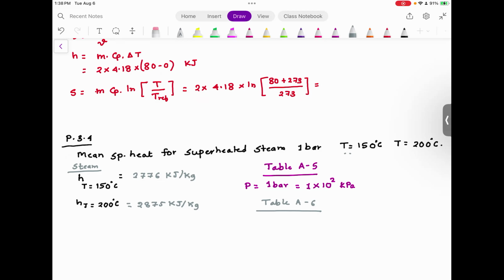Now here you see the pressure lines: 8, 6, 4, 3, 2, 1. And then once you intersect over here, can you see that there is this enthalpy state?